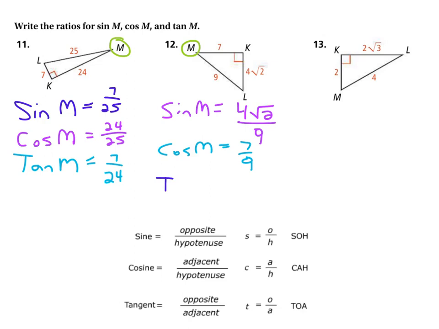And then the tangent of M. Tangent of M is opposite over adjacent. So 4 root 2 over that adjacent side of 7. Okay? And finally, for number 13, again, we're doing angle M here.